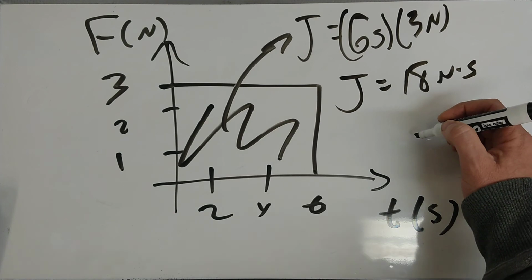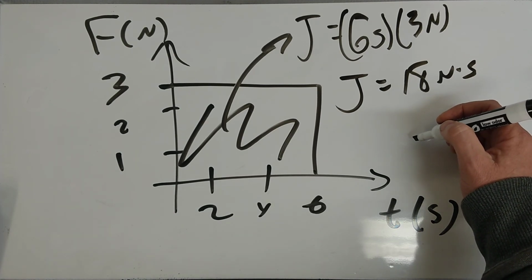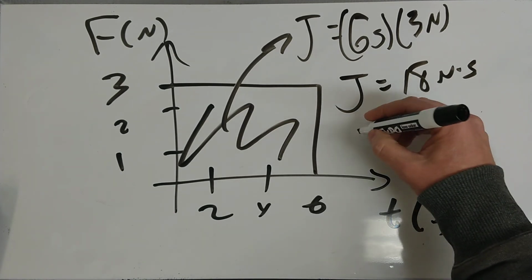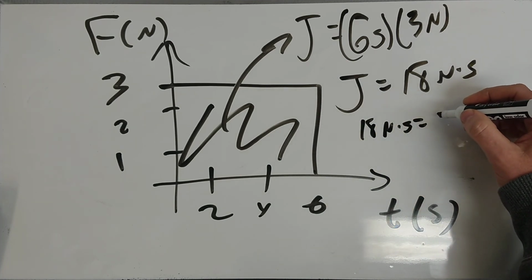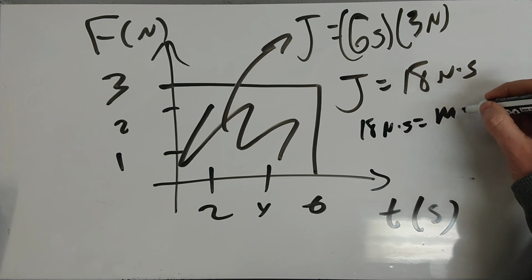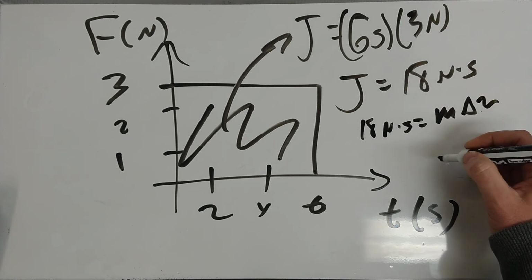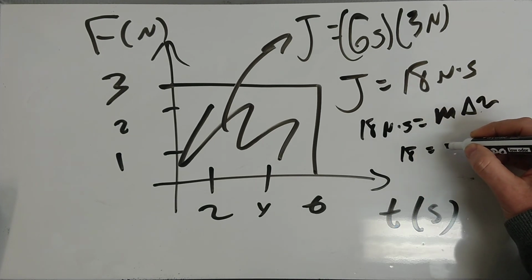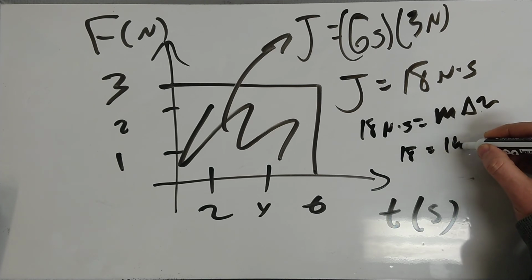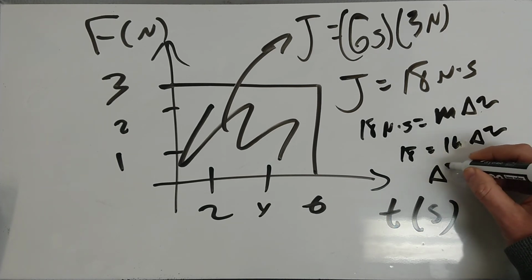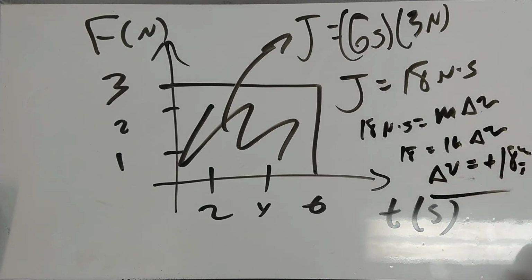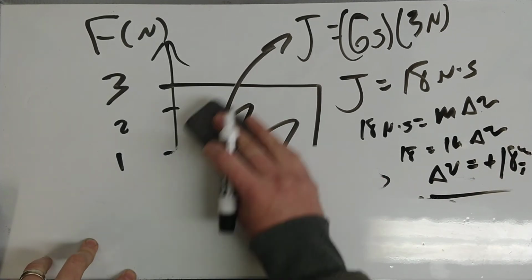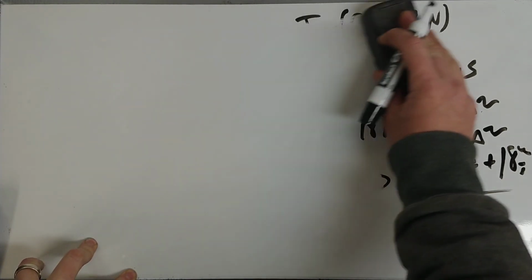If we want to figure out the max speed of the object, we take that 18 newton seconds and set it equal to the mass times change in velocity, m delta v. So 18 equals 1 kilogram times delta v. The change in velocity of this object is going to be plus 18 meters per second. So if it starts from rest, it's going to reach a speed of 18 meters per second.